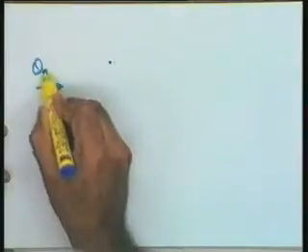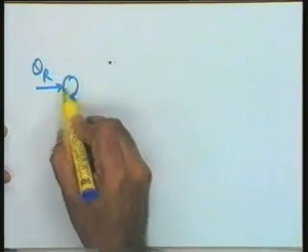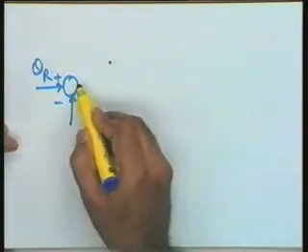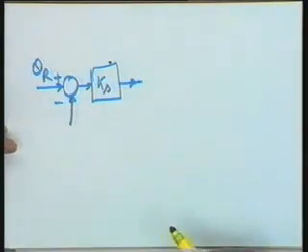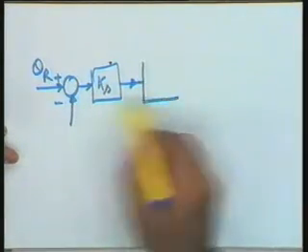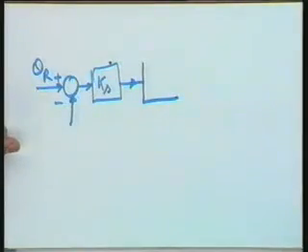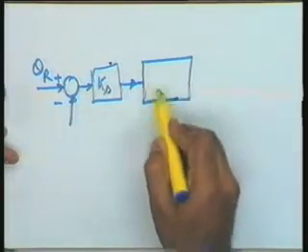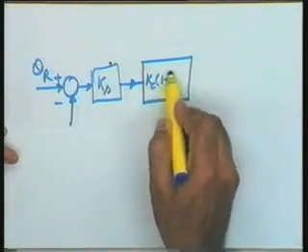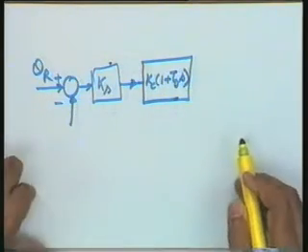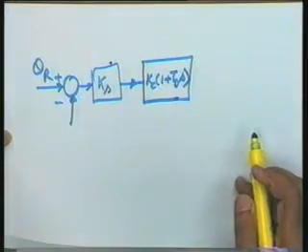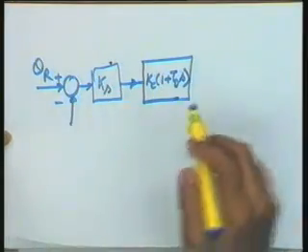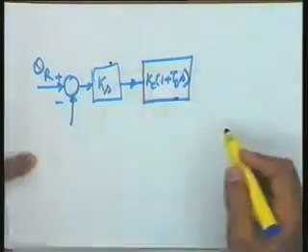So, just one minute. Theta r is your command signal, theta L is coming from here, and Ks is the output from the synchro error detector. The demodulator gives you 1, so there is no need of this. I am writing Kc into (1 plus Tds) as the transfer function of a PD controller, which you can get in terms of the given resistance and capacitance values, assuming that a suitable inverting amplifier has already been introduced.